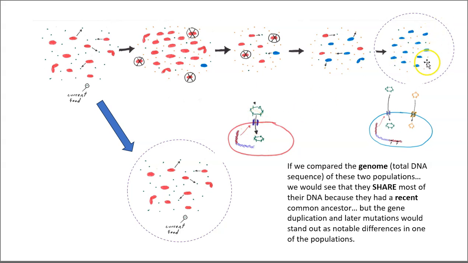But the blue bacteria in the different environment, they also have the gene to make the protein to eat the green food, but they also evolved a new protein to eat the orange food. So if we compared the DNA of the blue bacteria and the red bacteria, they're going to share a lot of DNA. The notable difference will be they have a duplication of gene and some accumulated mutations in that gene.